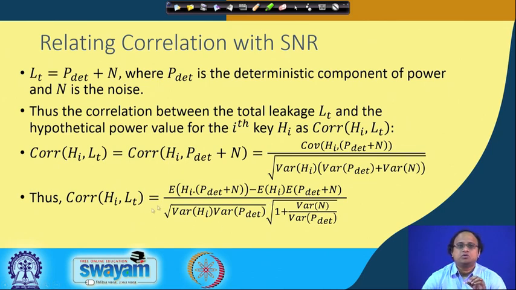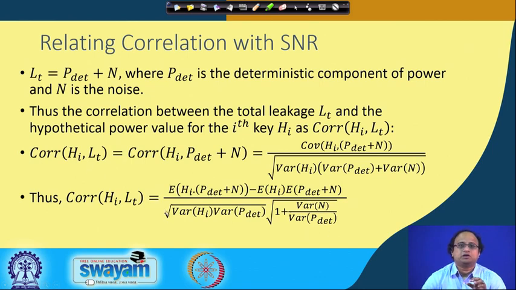Now I take the variance of P deterministic as common, and therefore I write the square root of the variance of Hi into the variance of P deterministic in the denominator. So it becomes 1 plus the variance of noise divided by the variance of P deterministic. And this part essentially is nothing but 1 by SNR, because this is the variance of P deterministic and this is the variance of noise. So this is 1 by SNR.